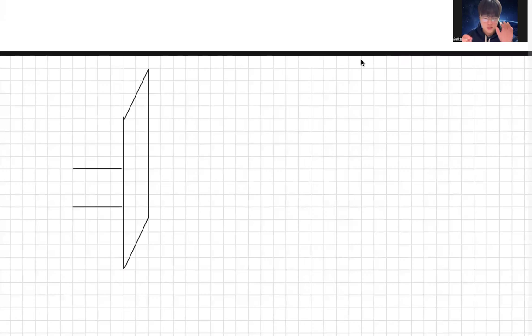And the important thing is we have to maintain this offset. We have to think about this offset.